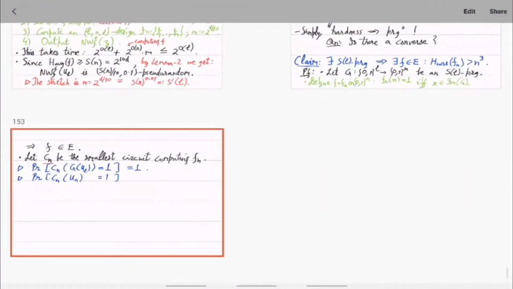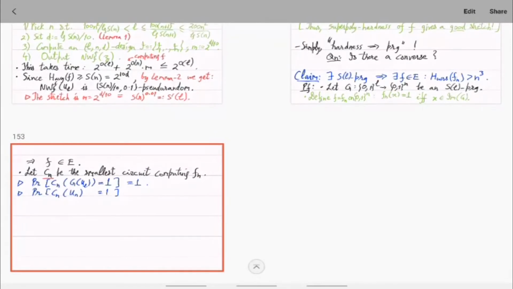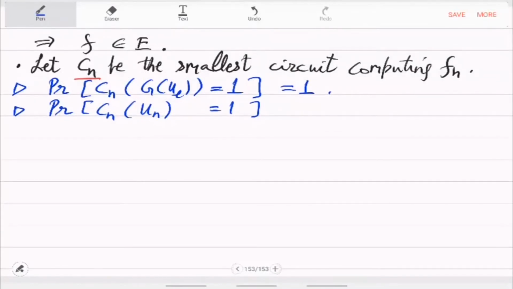Now recall that the image of G has only 2 raised to L strings, right? So you can estimate this as 2 raised to L by 2 raised to n, which is definitely smaller than half. So Cn on Un is 1 less than half the times, while Cn on the image of G is always 1. So Cn is able to distinguish the two distributions.